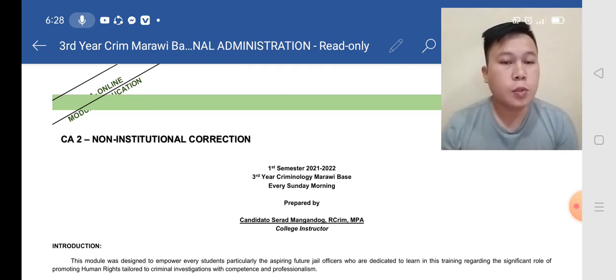So kung gusto niyo pumunta sa Bureau of Jail Management and Penology, or dun kayo ma-assign sa provincial jail, pag-aralan niyo ito para in the near future you are maging effective kayong warden, for example, or jail officer.